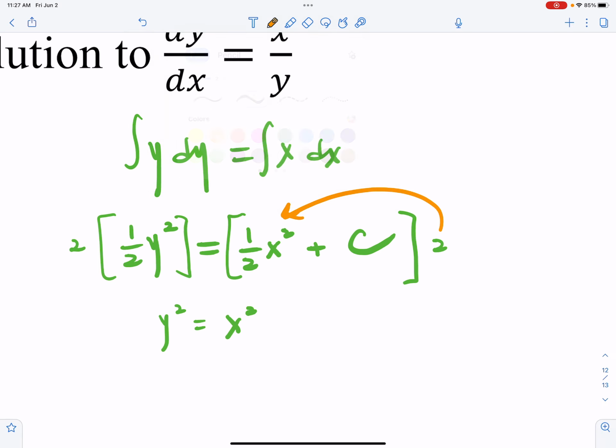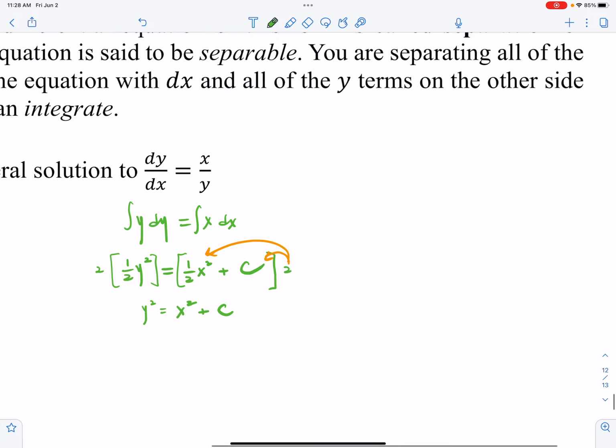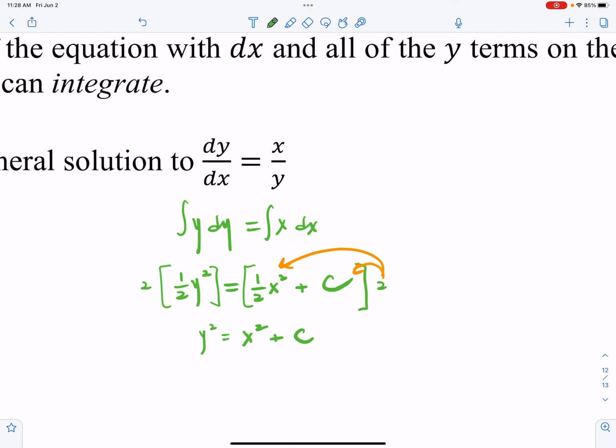When we distribute the 2 to the c, you can almost think of it like the c, that arbitrary constant, is absorbing the 2, because 2c would just still be an arbitrary constant, right? So we can actually just write plus c. And then from here, if you wanted to have just y equals, you'd have 2 rules: y equals positive square root and y equals negative square root. Or you can just leave it as is. This would be the general solution to that differential equation.